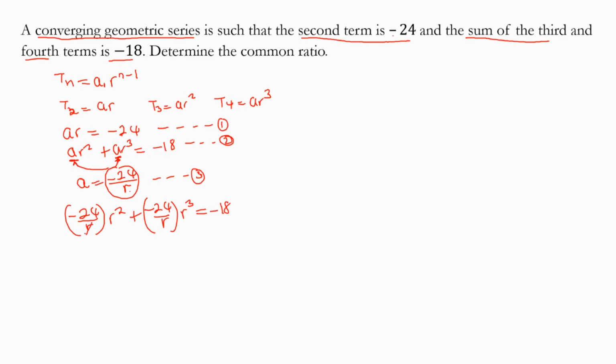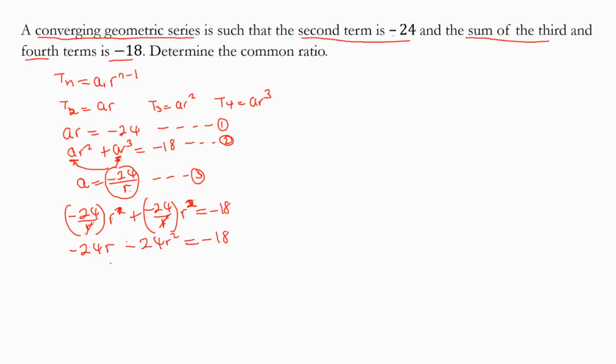Then R squared divided by R will remain with R, and then R cubed divided by R will remain with R squared. You can use the laws of exponents here. Just say 2 minus 1, you get 1. Then here 3 minus 1, you get 2. So we remain with negative 24R minus 24R squared is equal to negative 18.